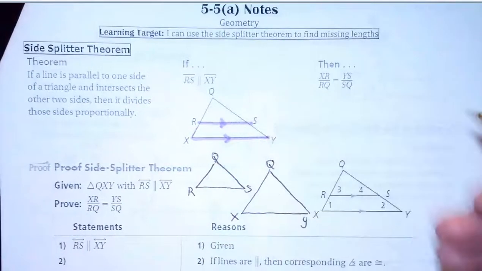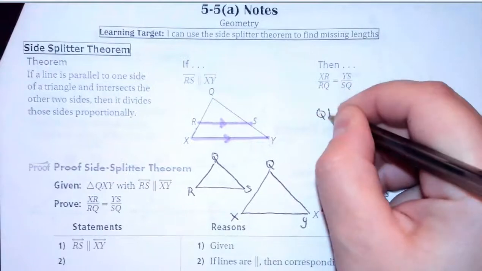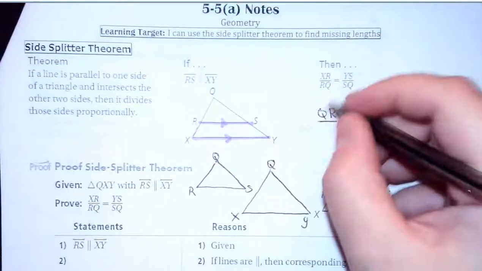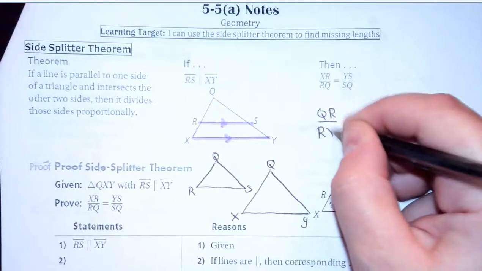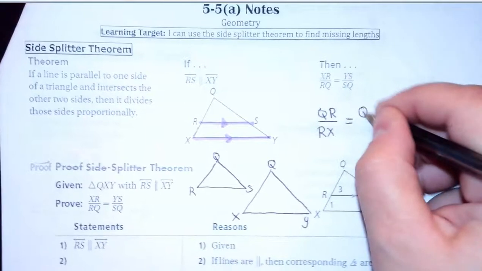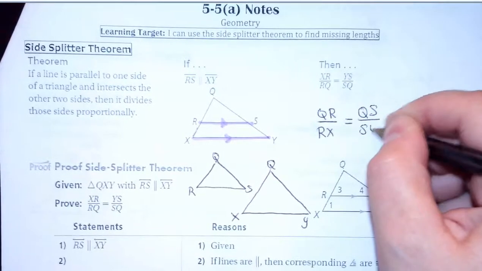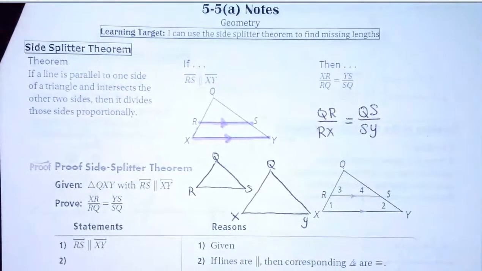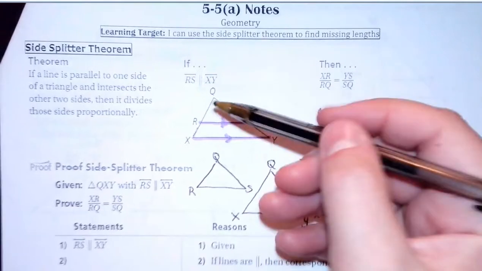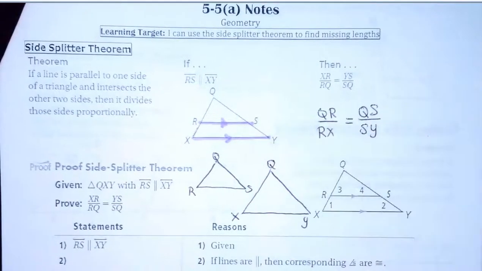Another way you could write this, we could do QR, that little segment, over RX would be equal to QS over SY, just two different ways to write it. But basically down the side where that parallel line splits, those are going to be in proportion.